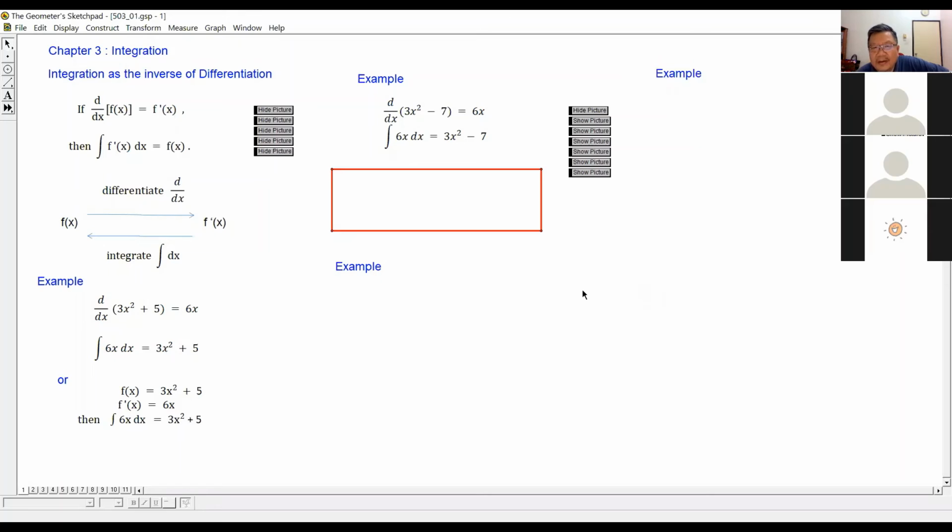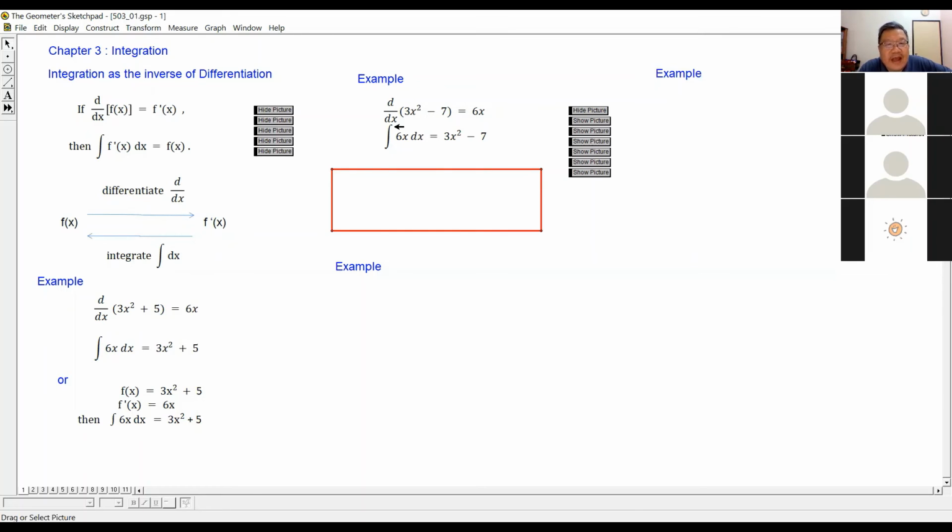It is because in the first example they differentiate 3x squared plus 5, and in the second example they differentiate 3x squared minus 7. So by right, let's say I don't know the given function, the original function.